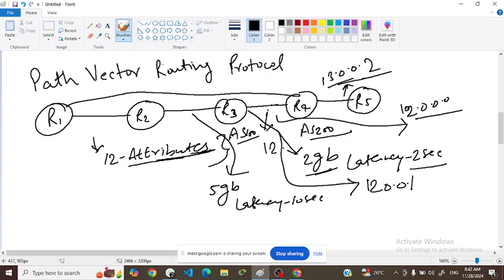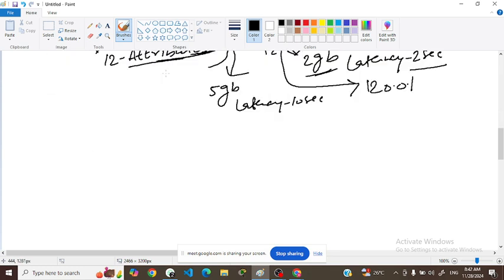The important thing in the path vector routing protocol is that we manually have to configure the neighbor.